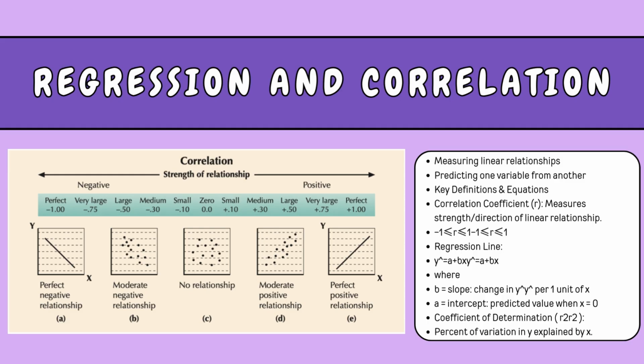Then we have a moderate positive relationship where the regression line is starting to go upward, and at perfect +1, this is also a very strong relationship between the variables, growing positively, meaning as one increases, the other one will also increase.